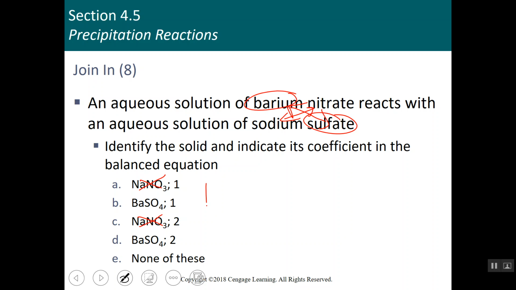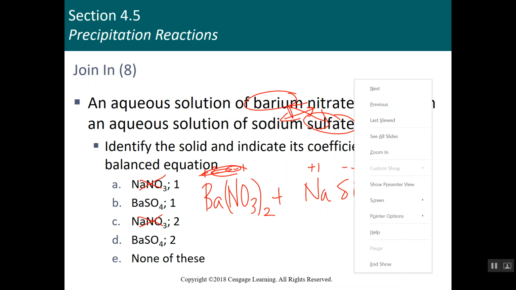So let's first write it. This gets us practice in writing our compounds. So barium nitrate plus sodium sulfate. Now we have to charge balance these. Barium is in row 2, so it's a +2. Nitrate's a polyatomic you needed to memorize. So if I crisscross, I'm going to end up with that. Sodium's in group 1, so it's a +1.